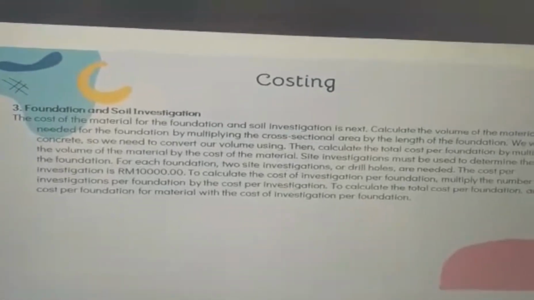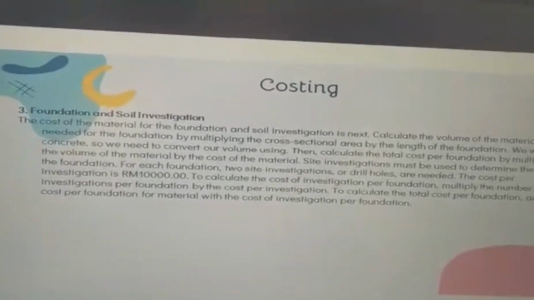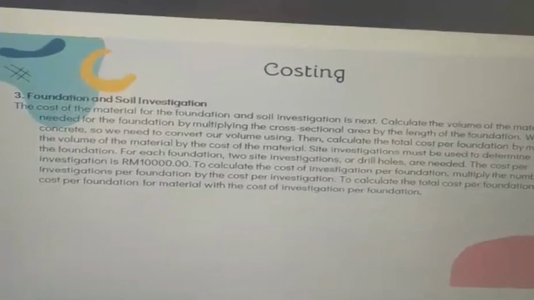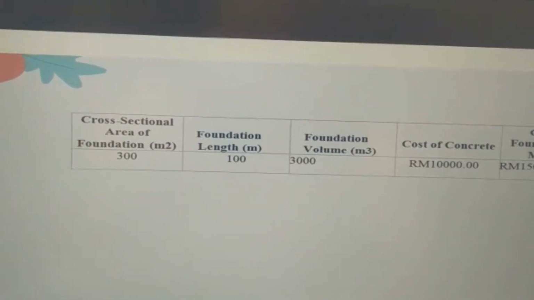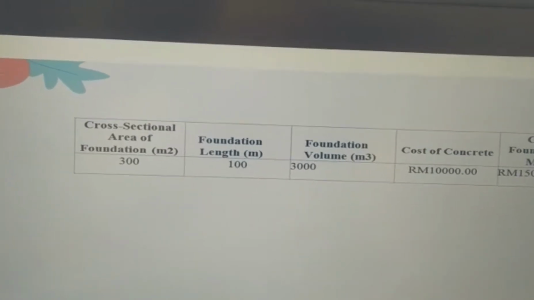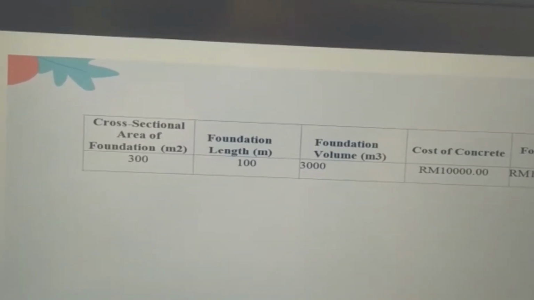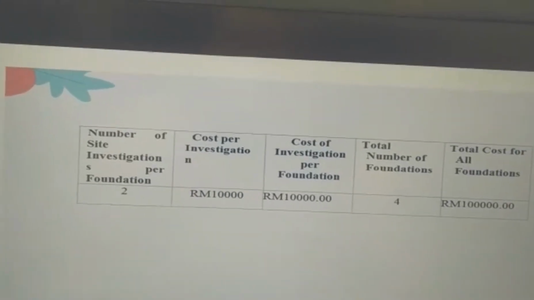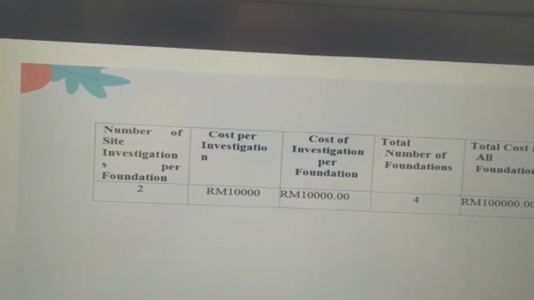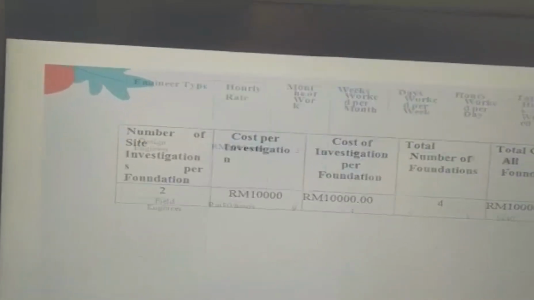Next, we calculate for the foundation and soil investigation. So for this one, we will have the cost for the foundation is 150,000 for the foundation, and also for the site investigation we will do 2, so the total cost will be 100,000.